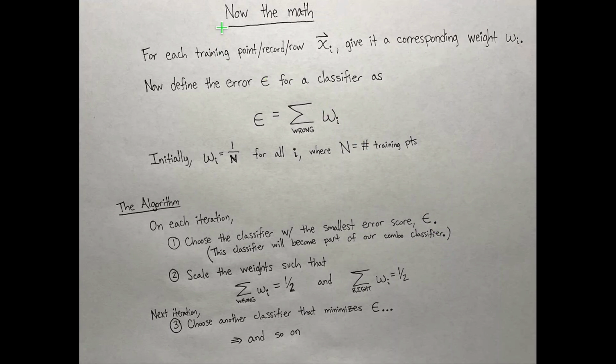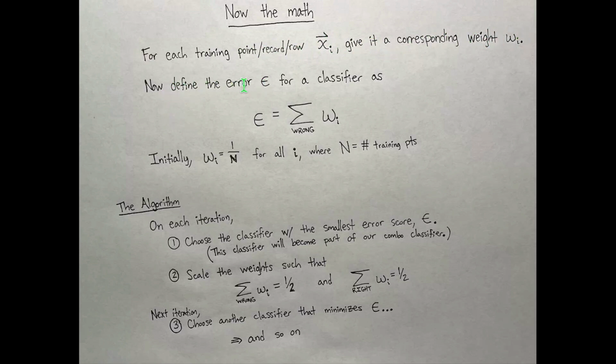So here's where the math comes in. For each of the training points or records or rows, that would be those 2-dimensional vectors that I graphed earlier, the heights and weights. For each of the training records XI, we're going to assign it a corresponding weight WI.